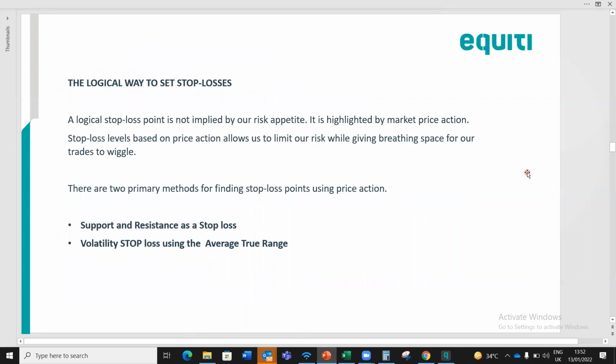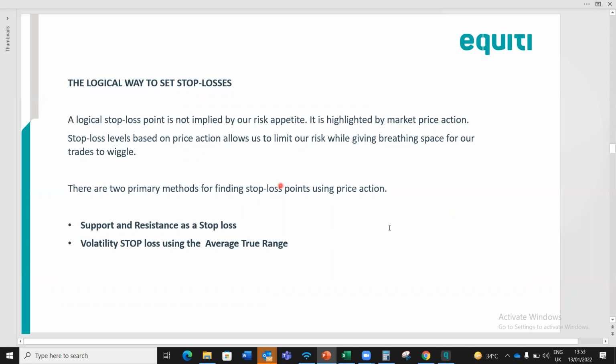Okay, so let's continue. The logical way to set stop loss. This is the right way to set stop loss. So buckle your seatbelts and let's get it the right way. A logical stop loss point is not implied by our risk appetite.